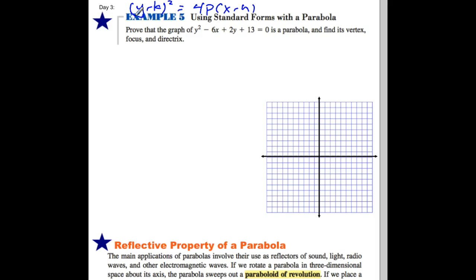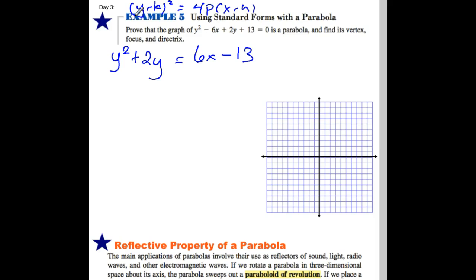Okay? So for this one, the y squared is going to stay on the left and the 2y, but I'm going to move the negative 6x to the other side by adding it over, and I'm going to move the 13 over by subtracting it. Okay, so I'm separating all of the things that go with the squared term from all of the other pieces.